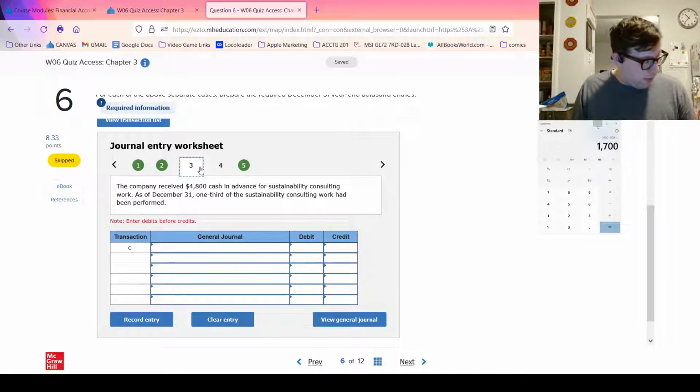For the third one, the company received $4,800 cash in advance for sustainability consulting work. As of December 31st, one-third of the sustainability consulting work had been performed. So this is a service that was paid in advance. Basically, work that's been paid for, and we're going to record that one-third has been accounted for.